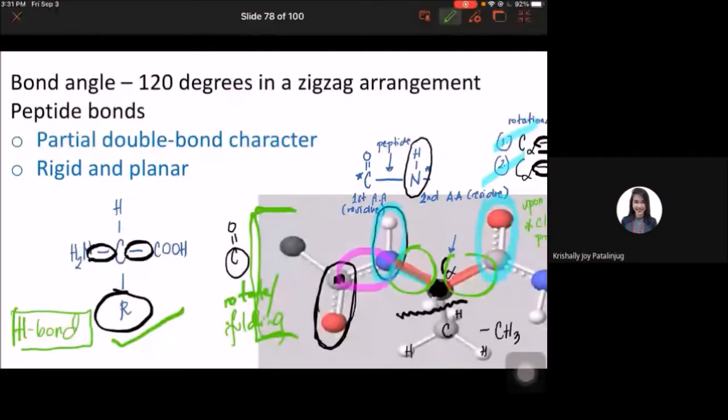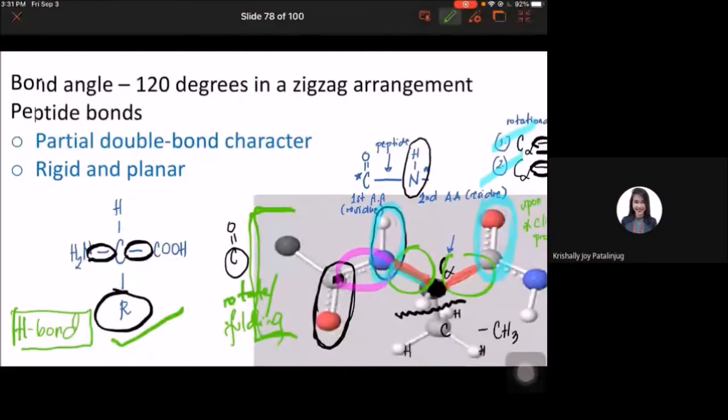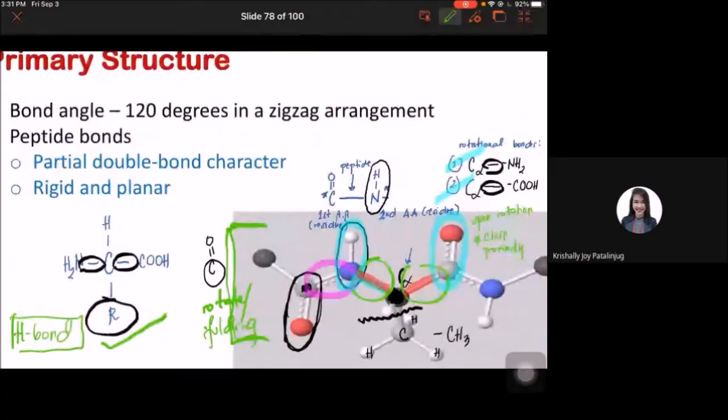So, ang point dito sa slide is, tumataas ang level ng amino acid kasi umiikot ang peptide chain due to rotational bonds. Okay?